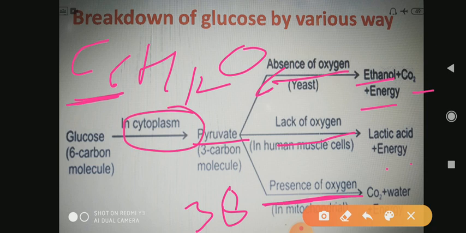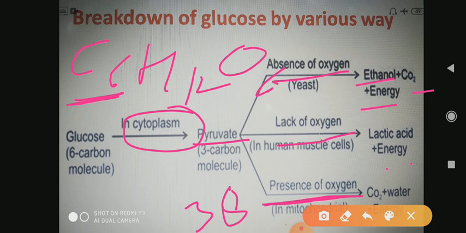Now this pyruvate enters into the mitochondria. Now see the three conditions: absence of oxygen, lack of oxygen, and presence of oxygen. The first one, absence of oxygen, takes place in yeast. Lack of oxygen in the human muscle cell, and third is the presence of oxygen. It is normal in mitochondria. This is a normal procedure.